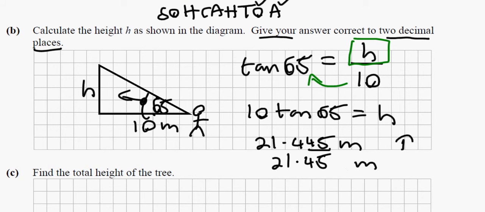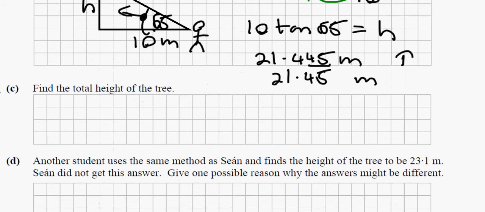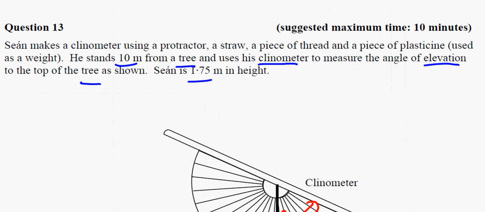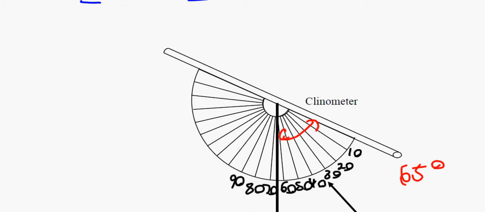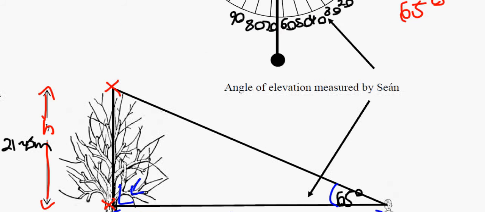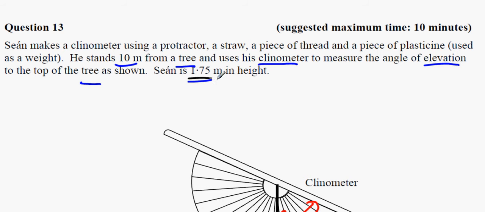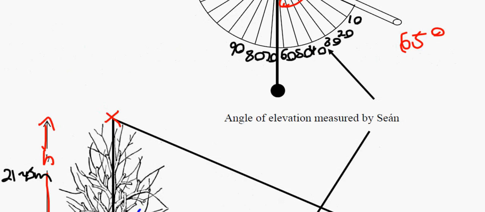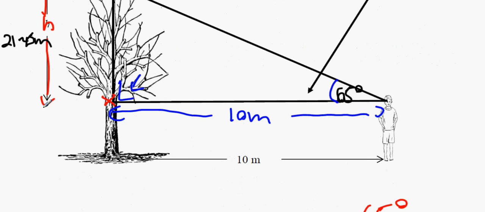Next thing, find the total height of the tree. Now the total height of the tree basically means, we know that this is 21.45 meters, and we know Sean's height at eye level is 1.75 meters. So it's going to be 21.45 plus 1.75 to get the total height.